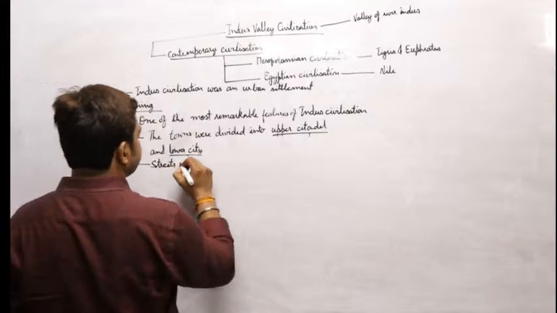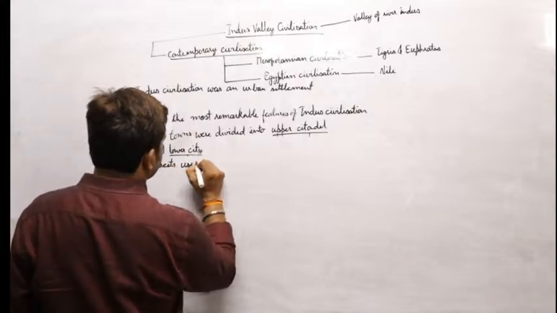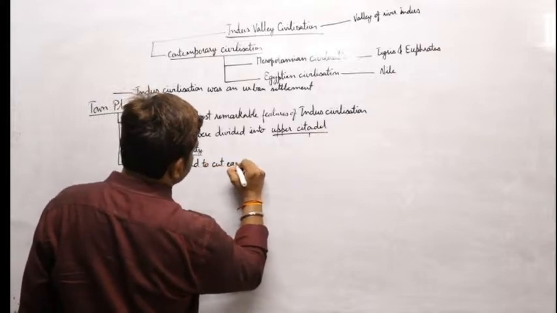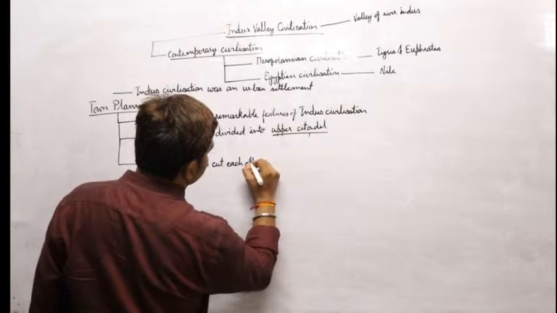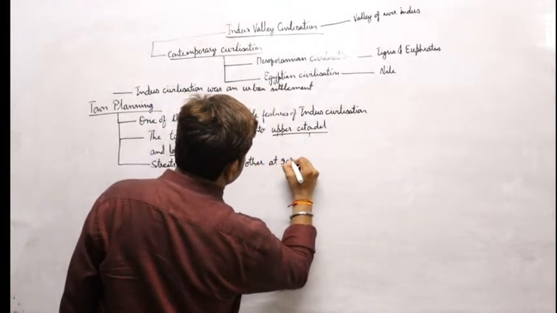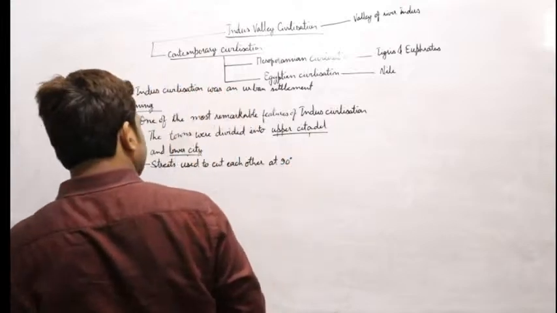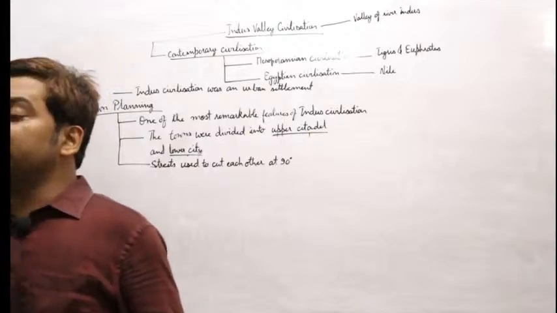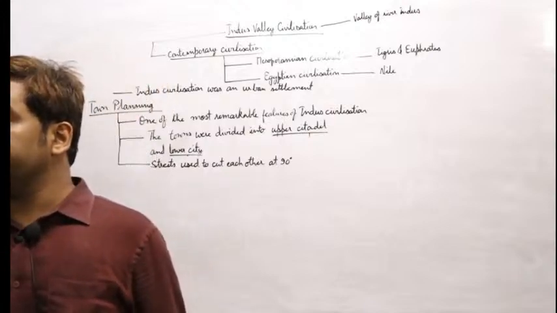Streets used to cut each other at 90 degrees, which you can see even today.